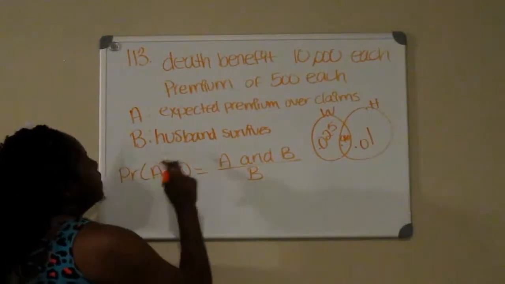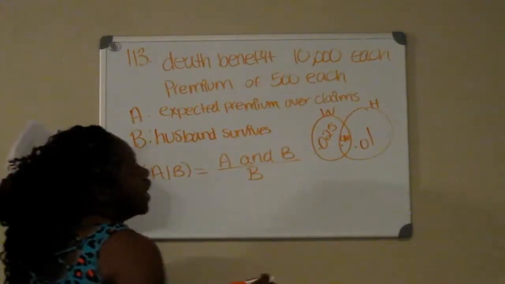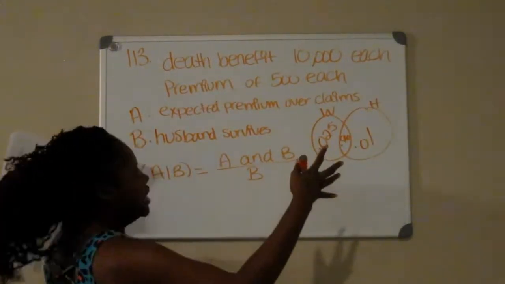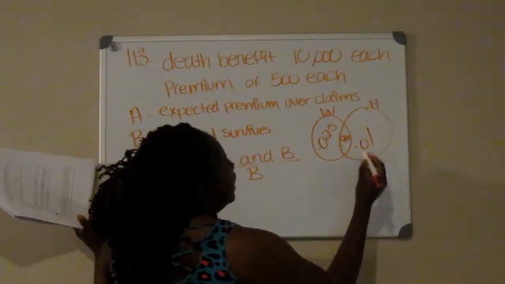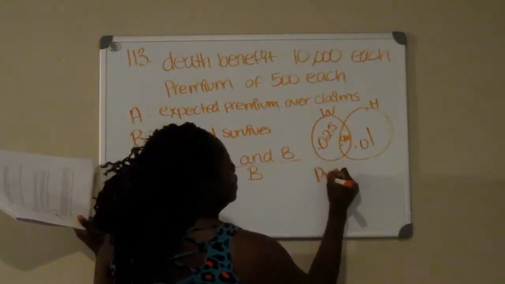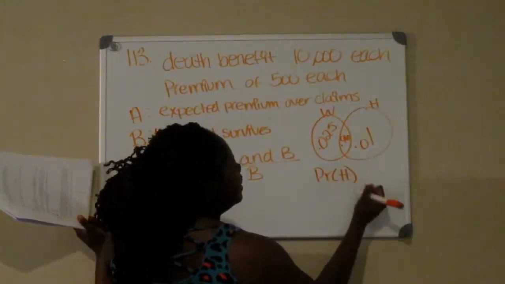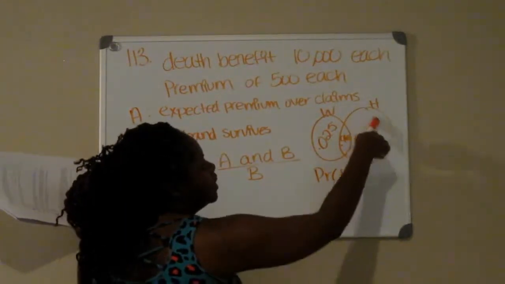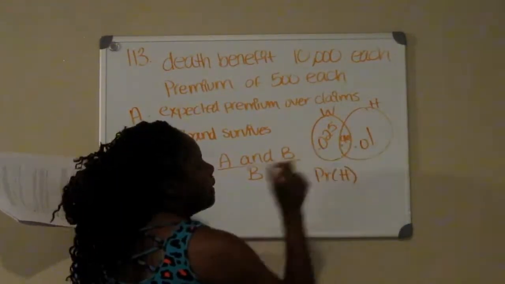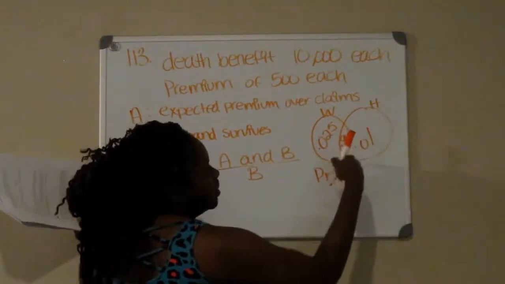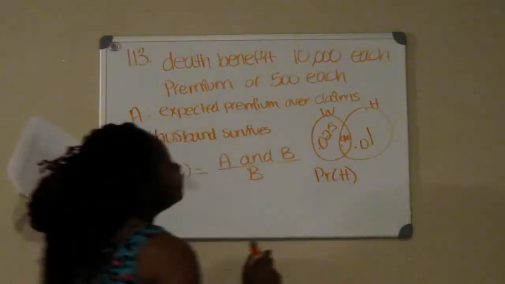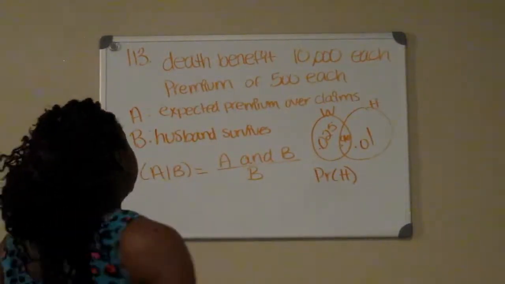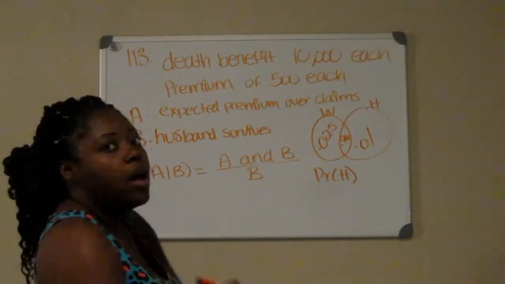So the probability that the husband survives, the probability of H, is given by this portion and that portion, because in here he survives a little bit.